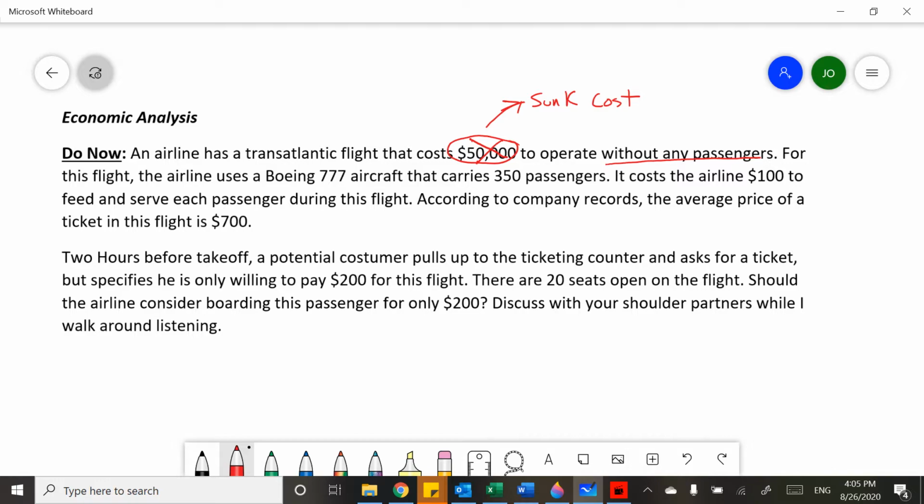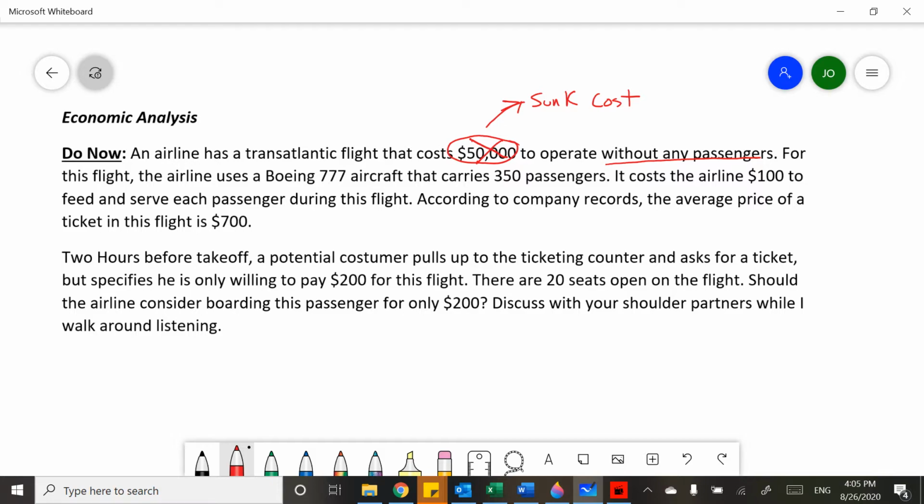I want to give you another example. Let's say you were going to a movie and you paid $10 for a ticket. Let's say halfway through the movie, it turns out that you don't like this movie very much, and it's actually becoming kind of annoying to be in the movie theater.